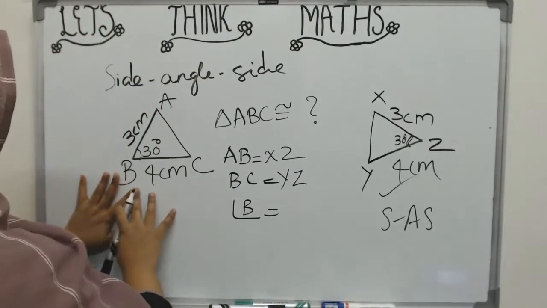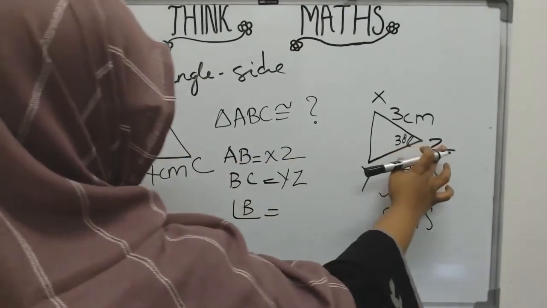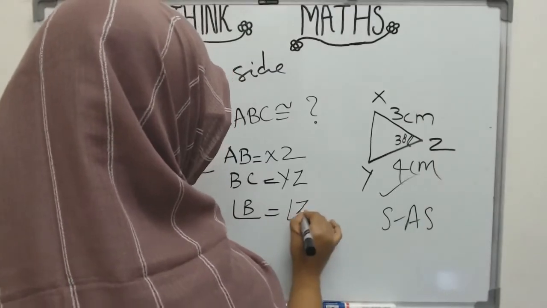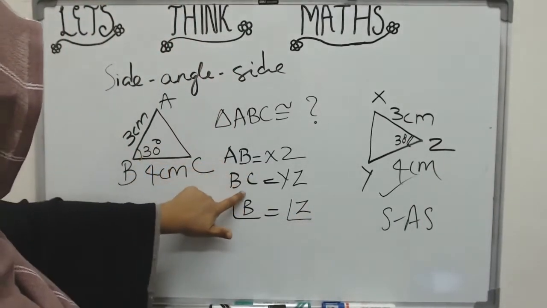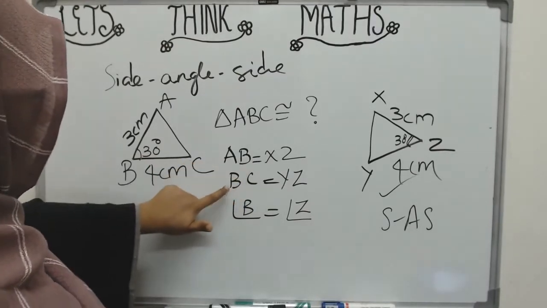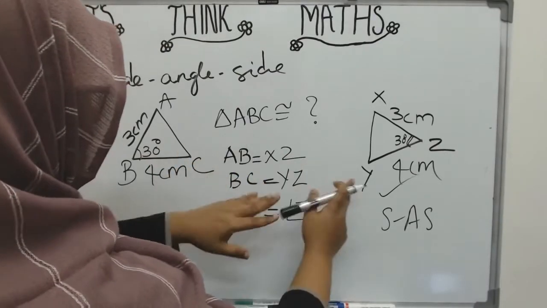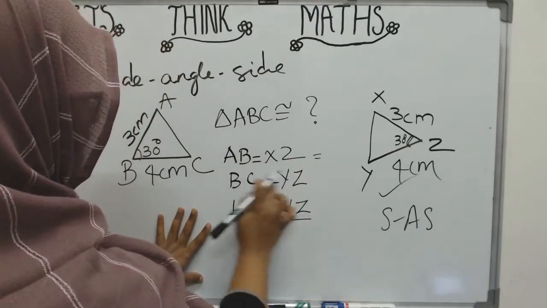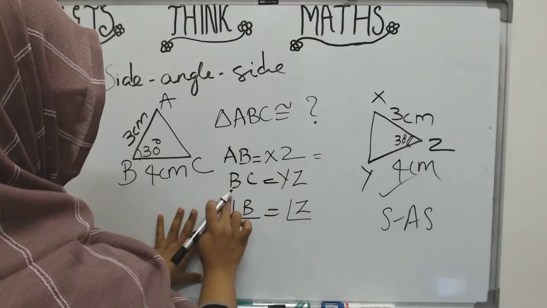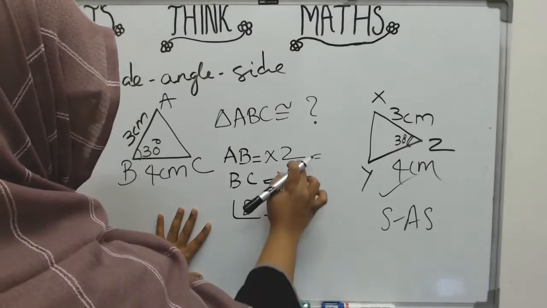Angle B is 30 degrees. What is 30 degrees here? Angle Z. So what do you see here? AB, BC. So what comes second here is coming first here. So arrange it the same way. What is the alphabet you are seeing repeated here? Just like you are seeing B repeated here, what is the alphabet you are seeing repeated here?